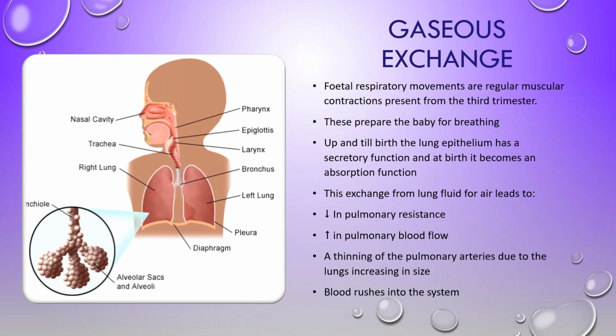Guys, it's very important that when you look at children or preemies or term babies with TTN, transient tachypnea of the newborn, often what you see is that they are bubbling, that there's this fluid coming out of their noses.